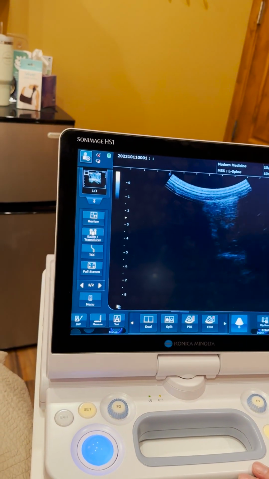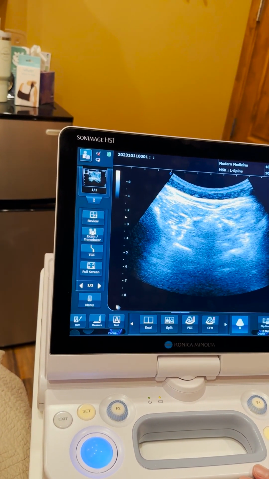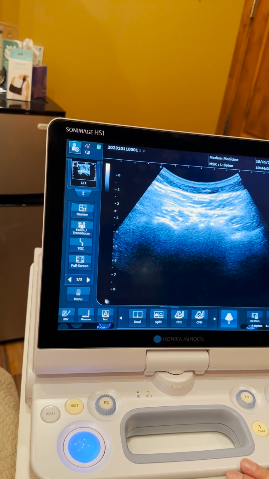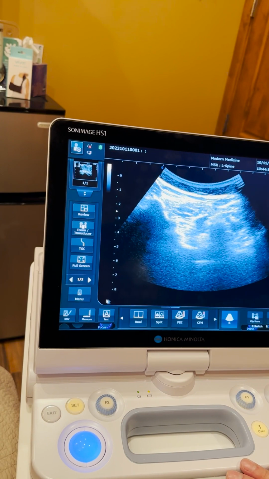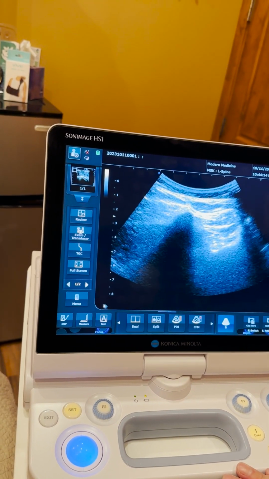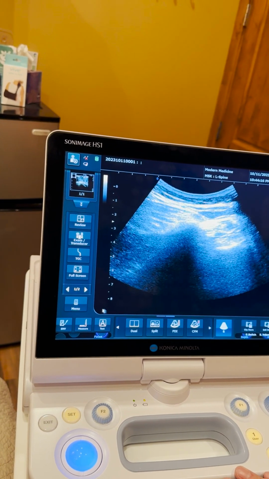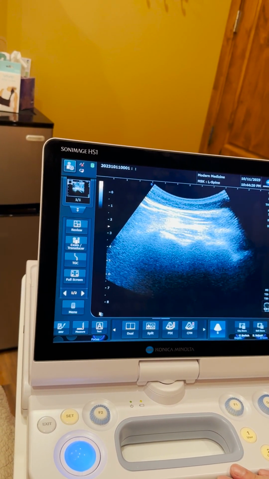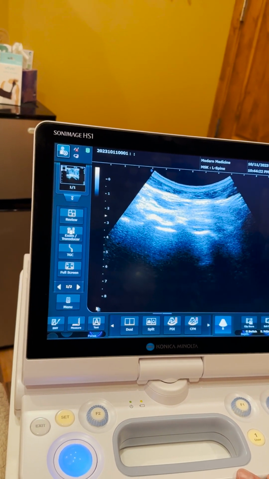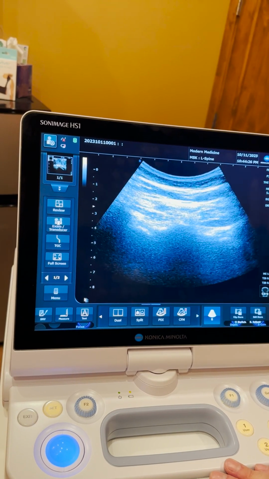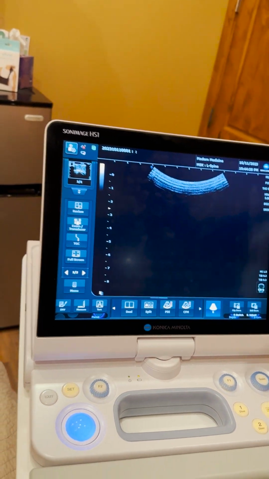And that can really mimic and can show as low back pain, but in reality is sacral in nature. So for him, get a little more gel here.